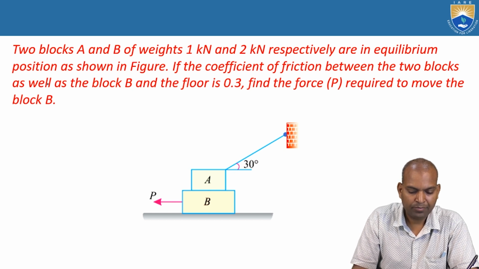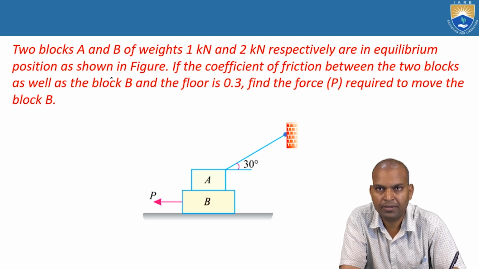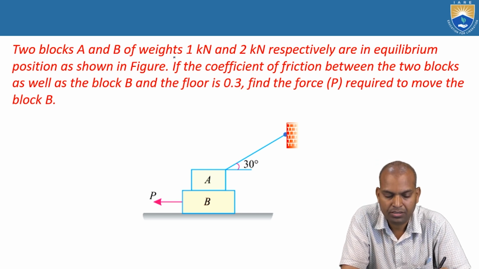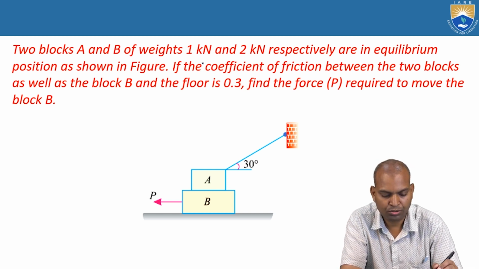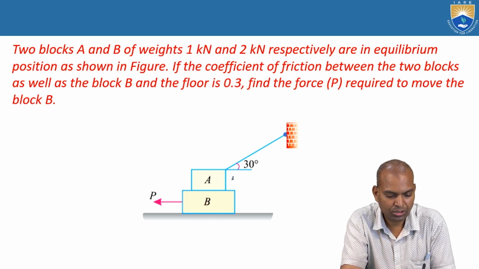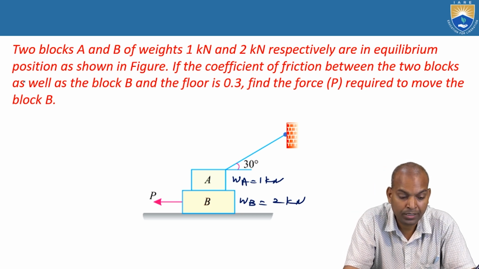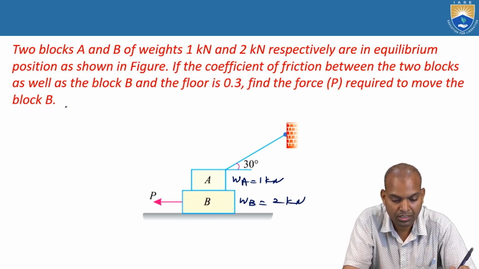Here there are two blocks A and B of weights 1 kilonewton and 2 kilonewtons. The weight of block A is 1 kilonewton and the weight of block B is 2 kilonewtons, in equilibrium as shown in the figure.